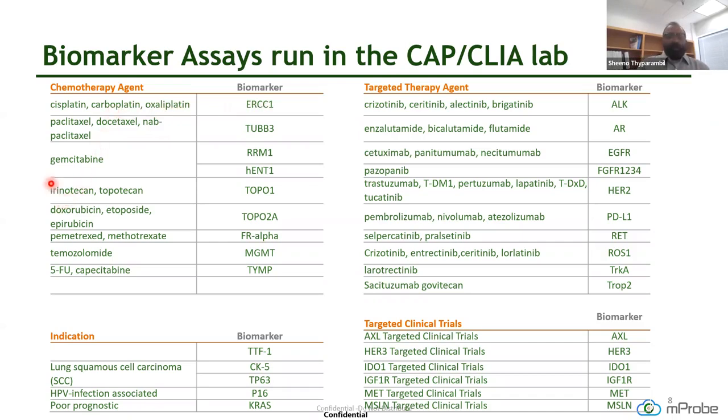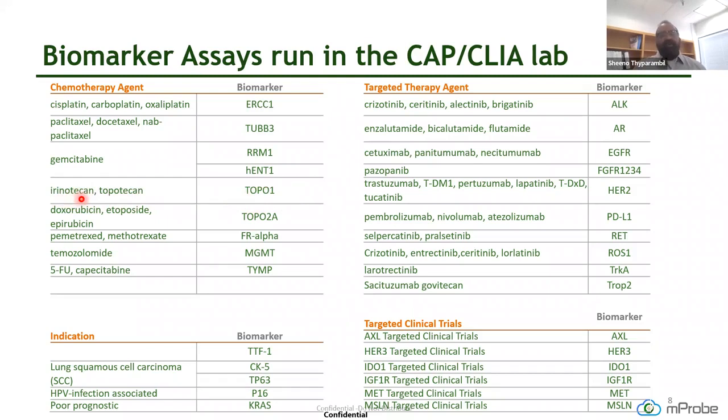The much newer side of things, because this is one of the targets that has been used most recently in the antibody-drug conjugates. I'll talk about antibody-drug conjugates, but long story short, the payload on that is basically going to attack this particular molecule, topoisomerase 1, and this is an old drug.